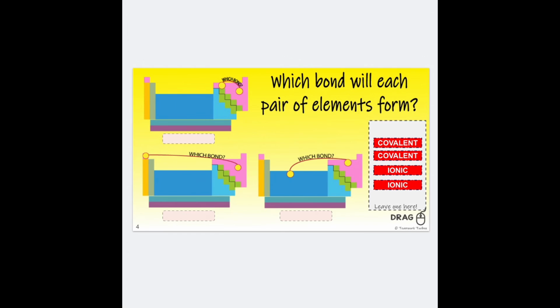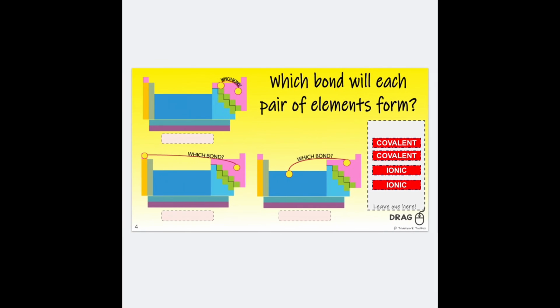So, on this one, the question says which bond. I want to talk about the top left, which bond is it going to be? Because both of them are nonmetals, that is going to be covalent. This one, they're on opposite sides of the periodic table.